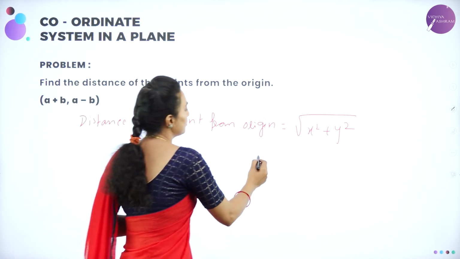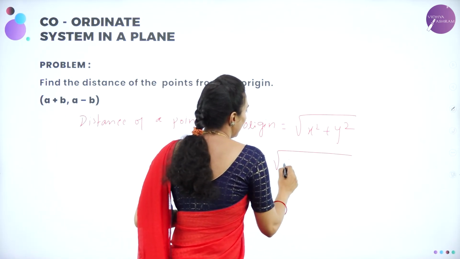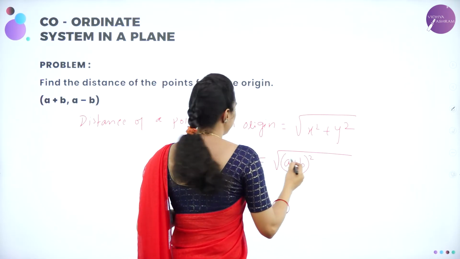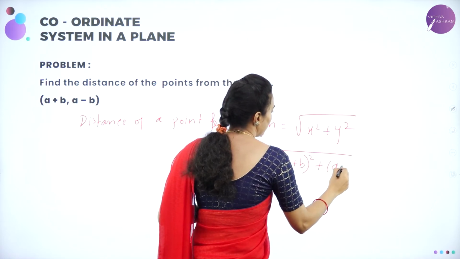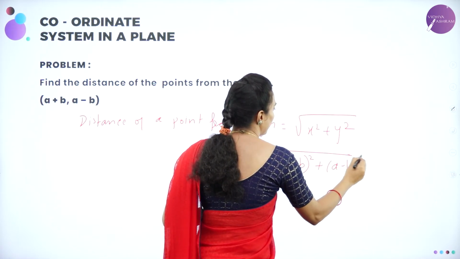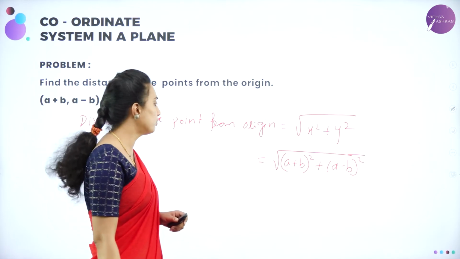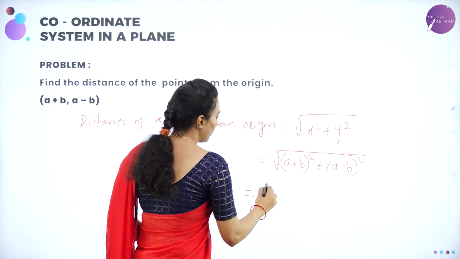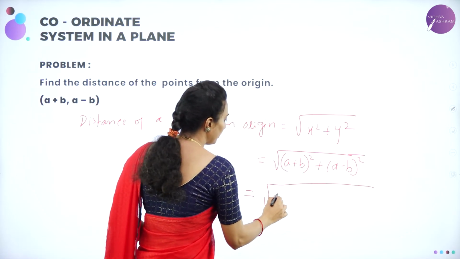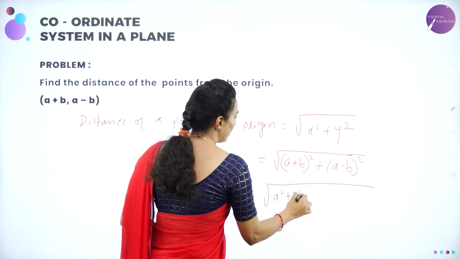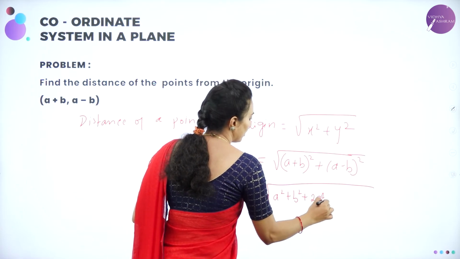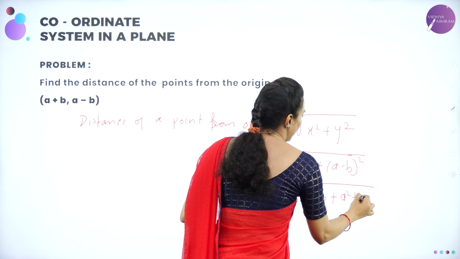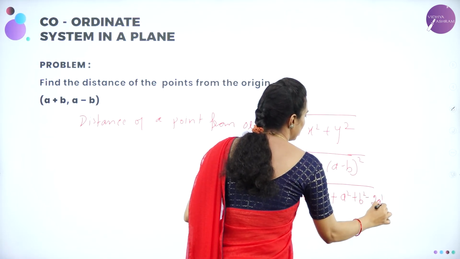Let me calculate. So this will become square root of (a plus b) whole squared plus (a minus b) whole squared, right? Let me expand this one. This will become square root of a squared plus b squared plus 2ab plus a squared plus b squared minus 2ab, isn't it?